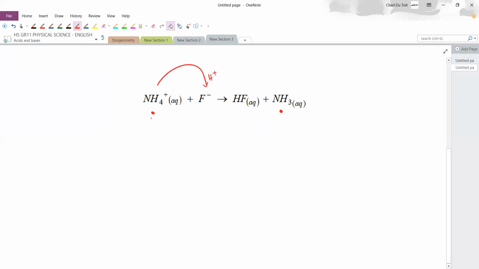So it donated, making it the acid, and this one becomes the conjugate base. There's my one pair. And the fluorine ion received one, so that's a base, and it becomes a conjugate acid.